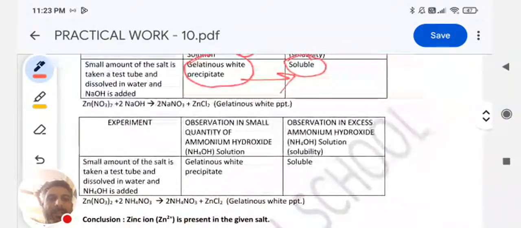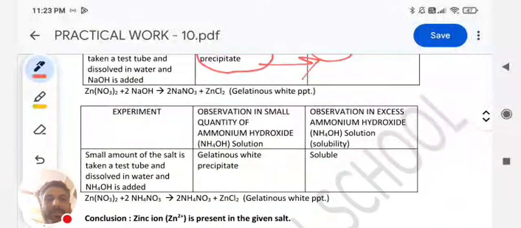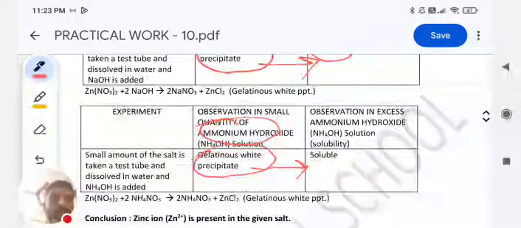Then the zinc ion can be tested with ammonium hydroxide as well. Even with ammonium hydroxide in small amounts, this zinc salt solution will produce a gelatinous white precipitate. And this gelatinous white precipitate is soluble in excess ammonium hydroxide.